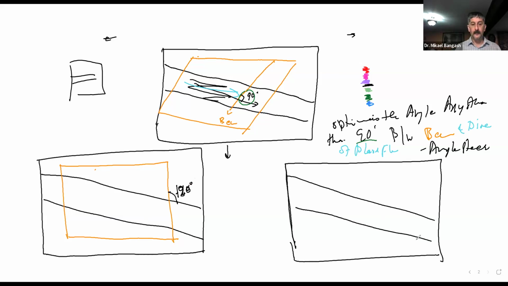Or even up here, we go like this, and have our angle, let's say, still like this. So this is going to be our beam, and this is going to be the direction of the blood flow.